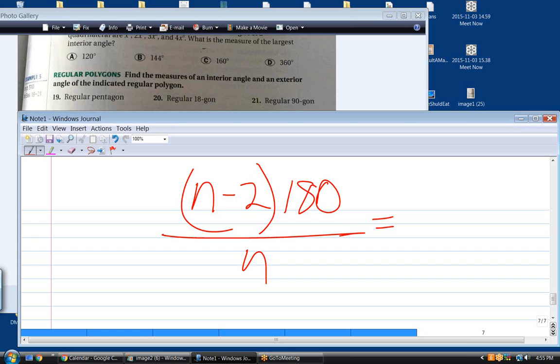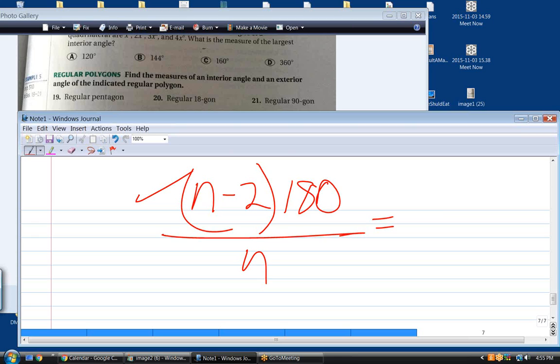Not that you really need to memorize this as a formula, because you're always going to come up with that total and then divide by 18. And the measurement of an exterior angle for the 18-gon?